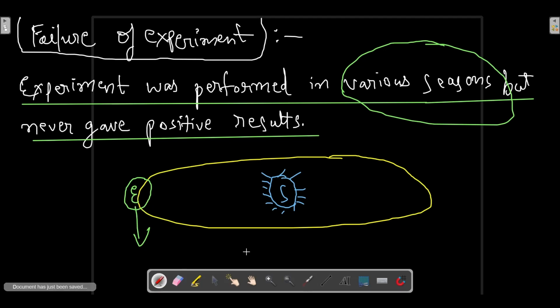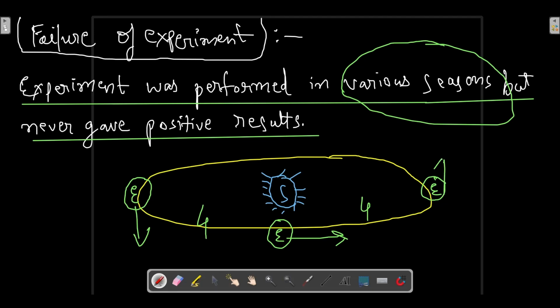Then when the earth is here after 4 months, the orbital velocity will be in the rightward direction, right? Then after 4 months, when the earth is over here, the orbital velocity will be in this direction, which is inward in the plane of the paper. Imagine it in 3D.